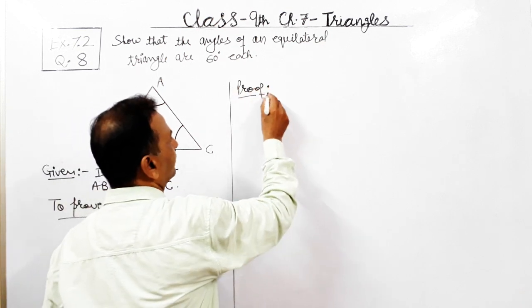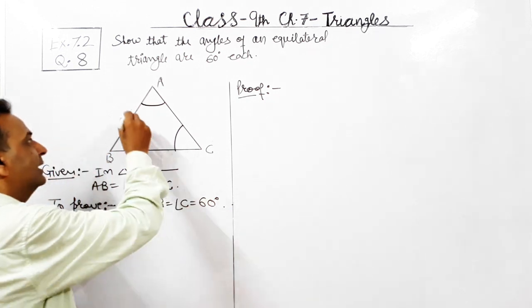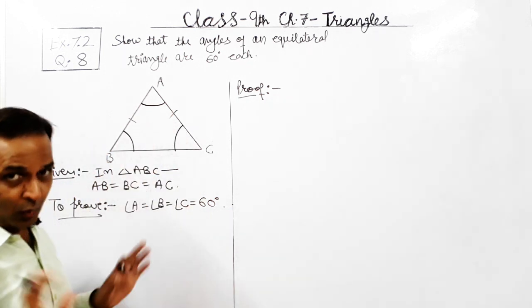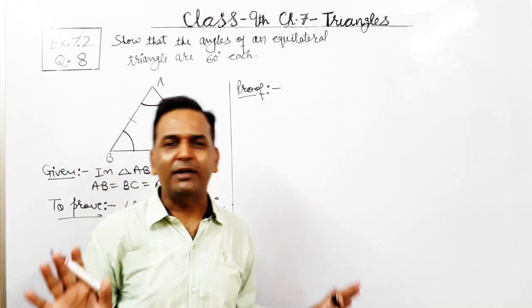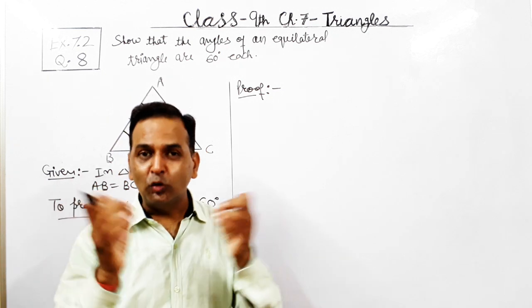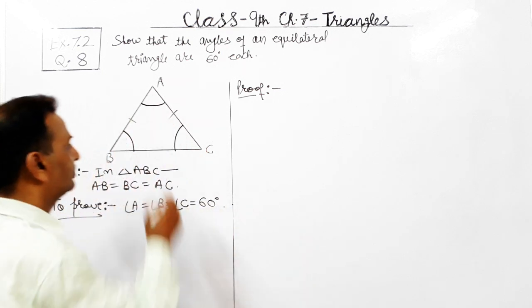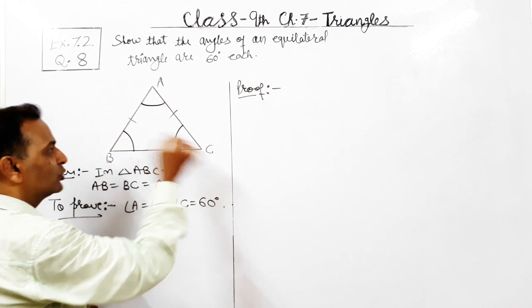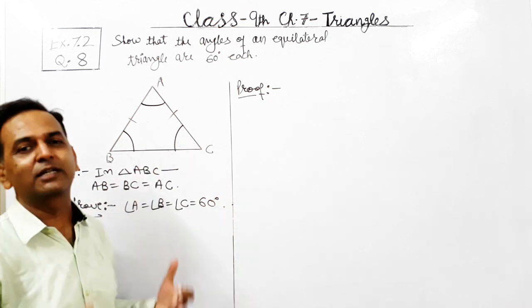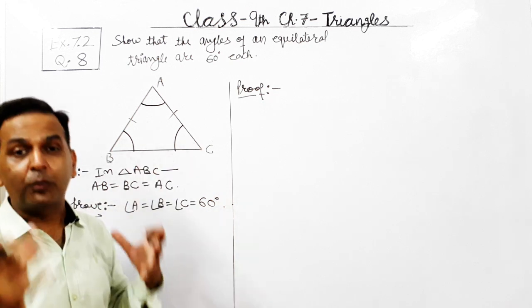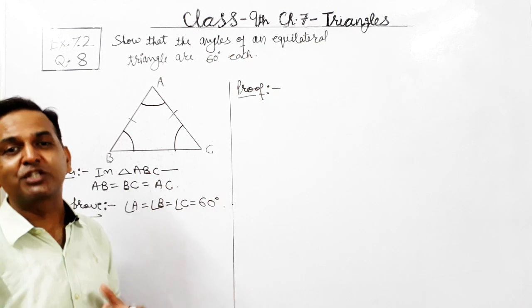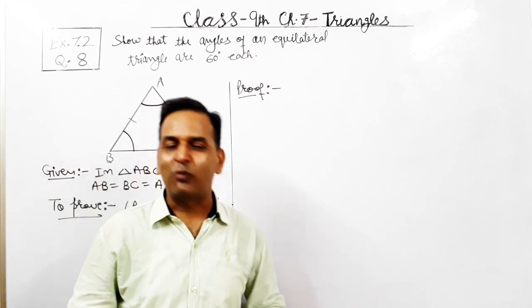And now, although all the three sides are equal, it is given, we are going to take two sides collectively. For example, if AB and AC, suppose these two are equal, then what does it mean? It means their opposite angles will also be equal to each other. Remember theorem 7.2.